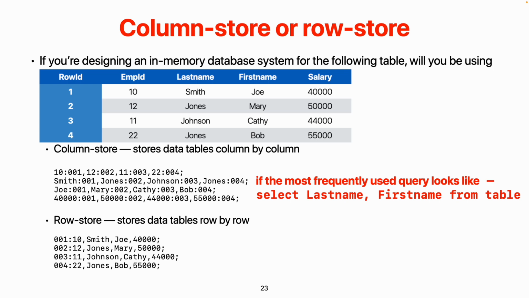So you have tons more reads than writes. So when we design column store, it also means that we are somewhat optimized for reads instead of writes, because most of the time you are just querying the database without altering it.